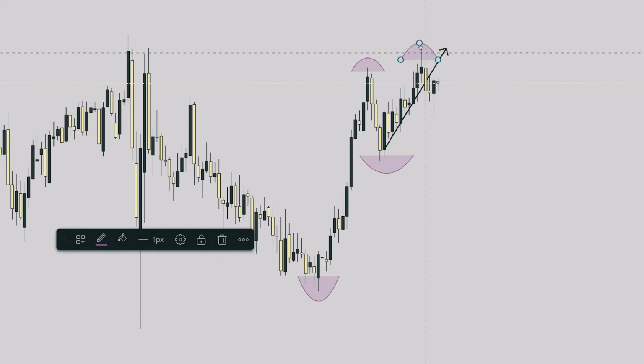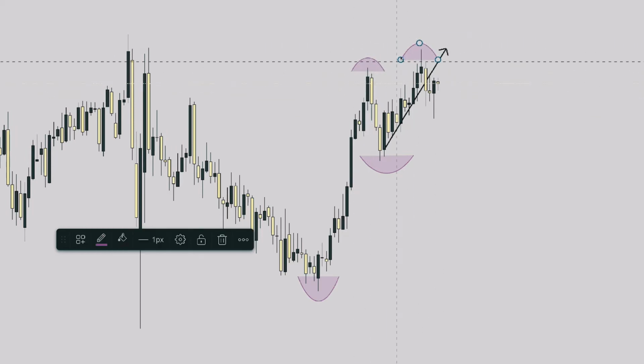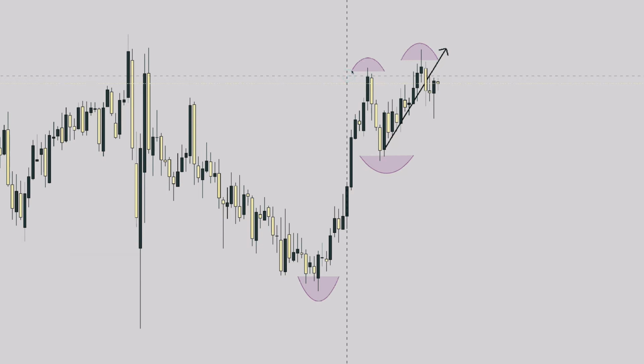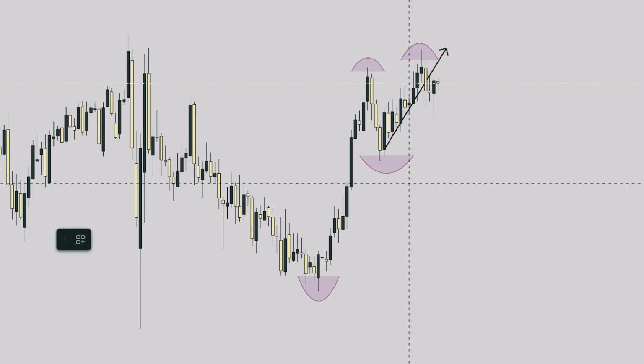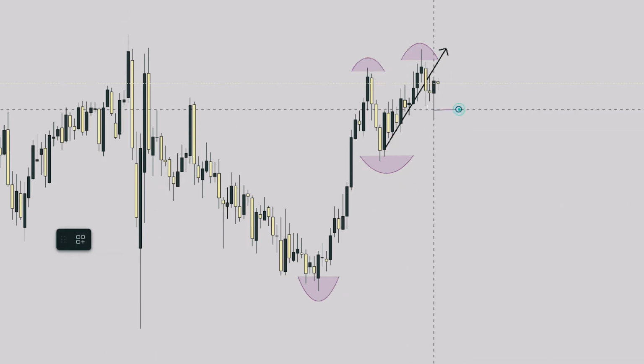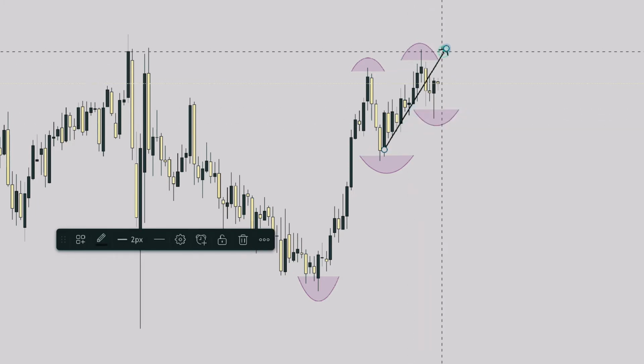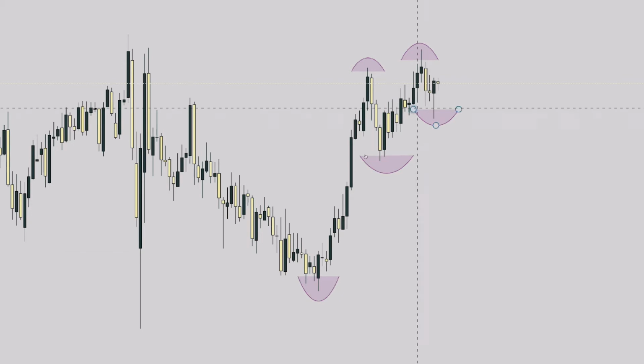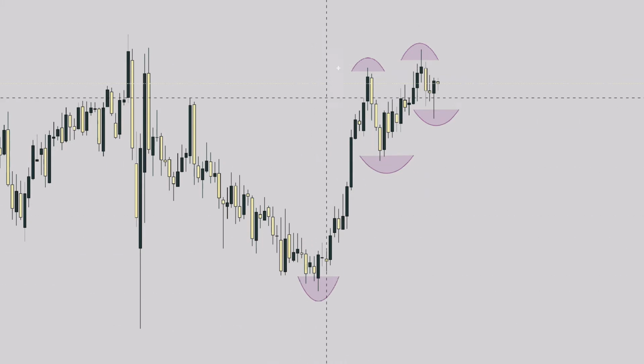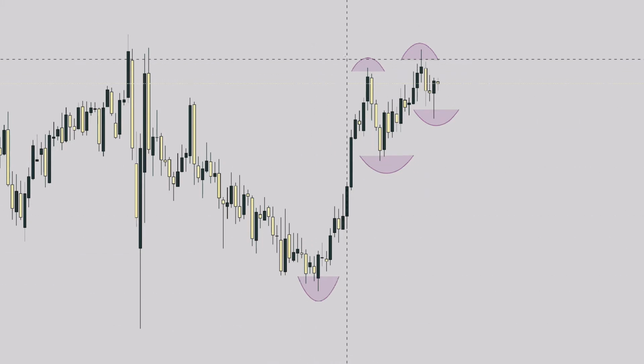And now you can see that this high point is clearly higher than this high point to the left. Okay? And once again, market had a pullback and made some type of higher low down here. Okay, remove this arrow. You can see this is what basic uptrend market structure looks like on the higher time frame.